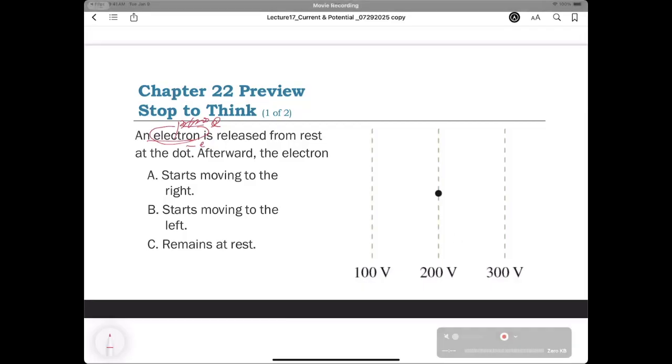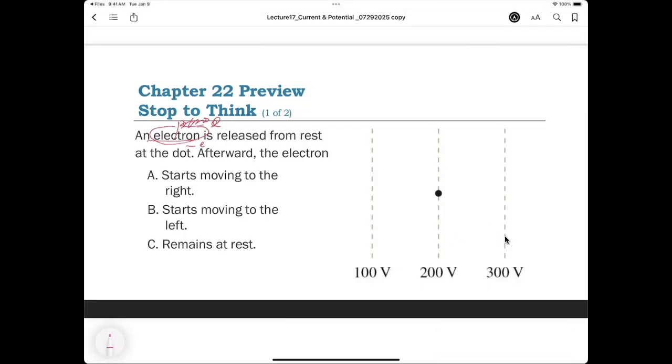I think you must remember that, because it is from the last class. An electron is released from the dot, which is the initial position, and afterward the electron starts moving to the right, or remains at rest.